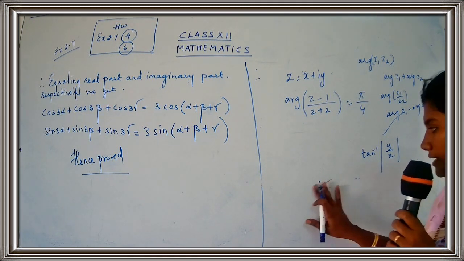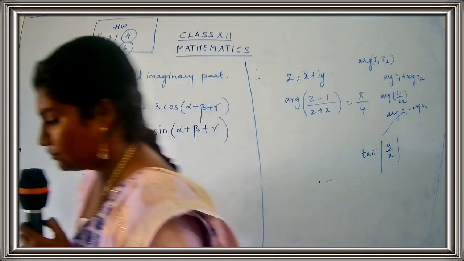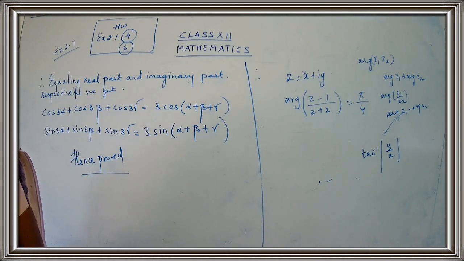Okay, I'll just tell you which page to refer. You just take down your unit 4, children. Take unit 4. In unit 4, you have to come for the tangent part. Take down the tangent part. I'll just tell you the page number.